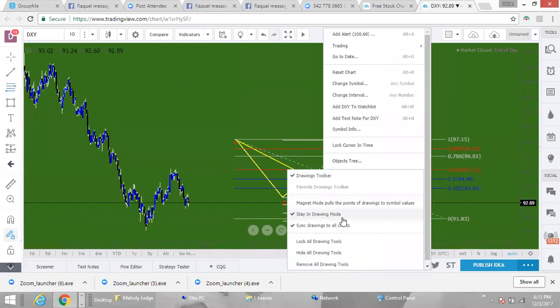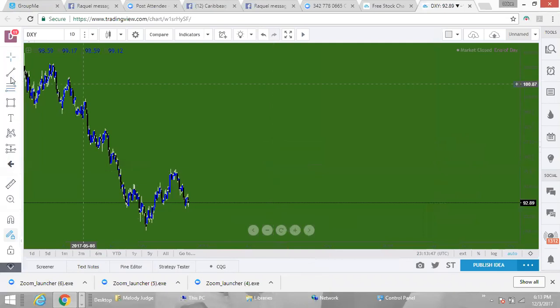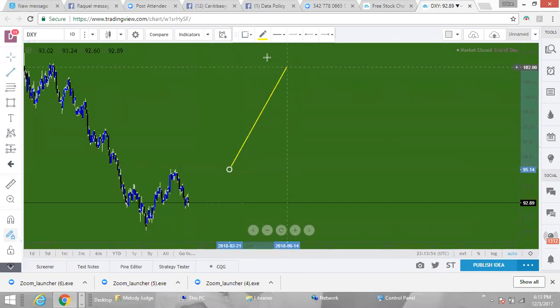Let's do a bullish one. If I can remove these drawing tools. Same for a bullish, just basically the inverse. The market's going to make an impulse.